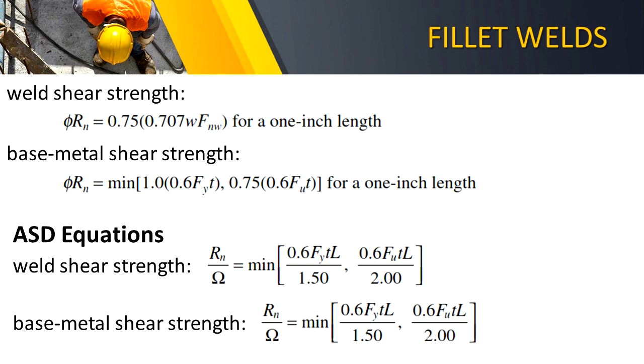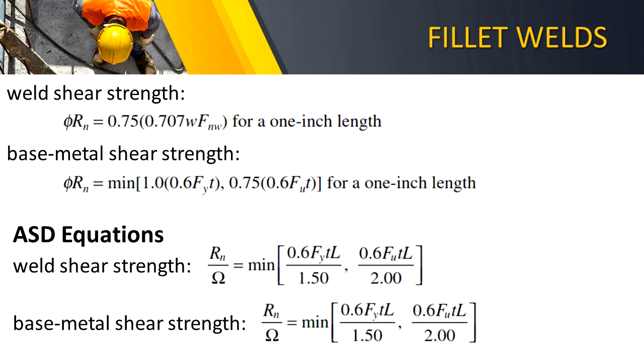For base metal shear strength, phi Rn is the minimum of 1 times 0.6 FYT for shear yield strength, and 0.75 times the quantity 0.6 FUT for shear rupture strength, both for a 1-inch length.